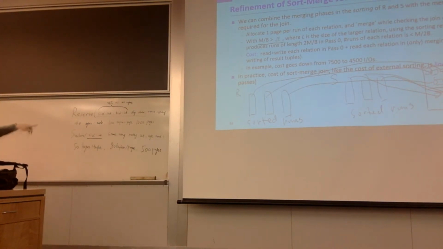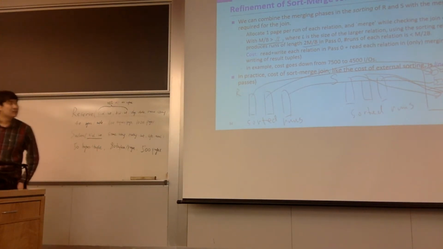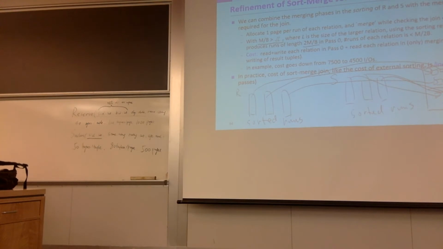In this case, it would be reserves, because reserves has 1,000 pages, right? So suppose M over B is greater than square root of L, then using the tournament sort, where you produce runs of length on average 2M over B in pass 0, then you can easily calculate that the number of runs of each relation is smaller than M over 2B.